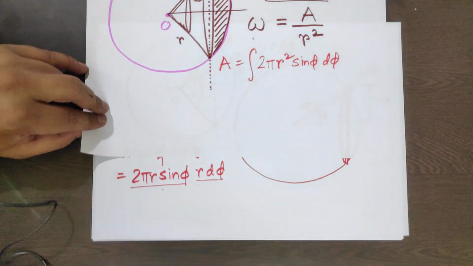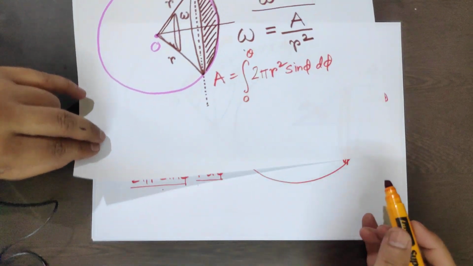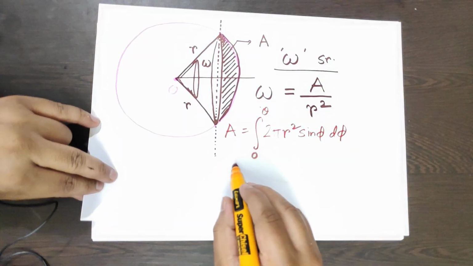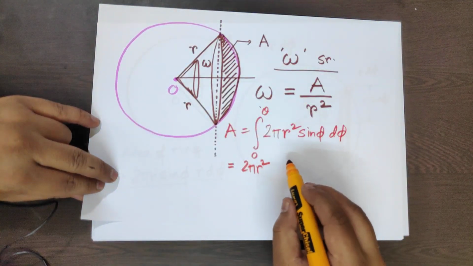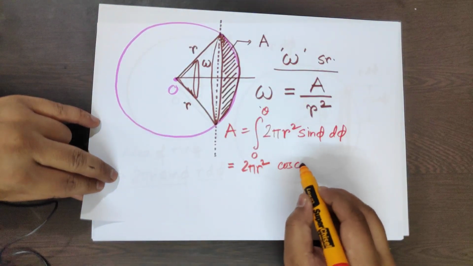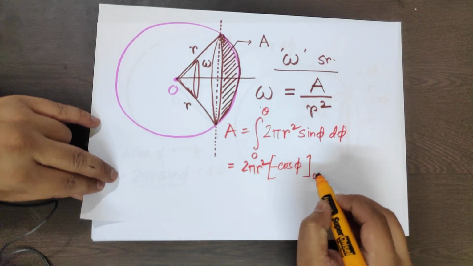Now the limit of phi will be from 0 to theta. So it is equal to 2 pi r square integral sin phi d phi, we get minus cos phi, from 0 to theta.